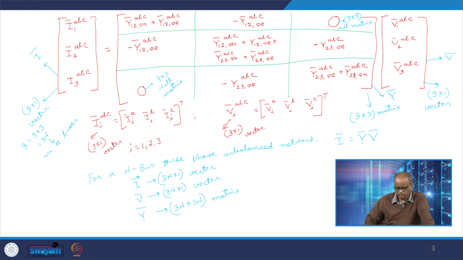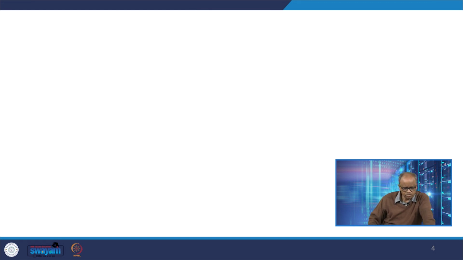Correct? And what about the elements of I?